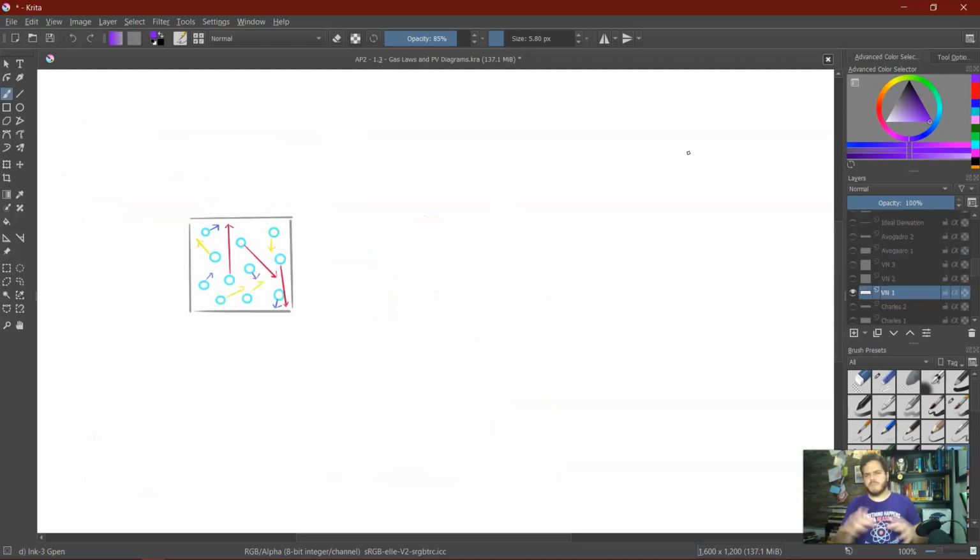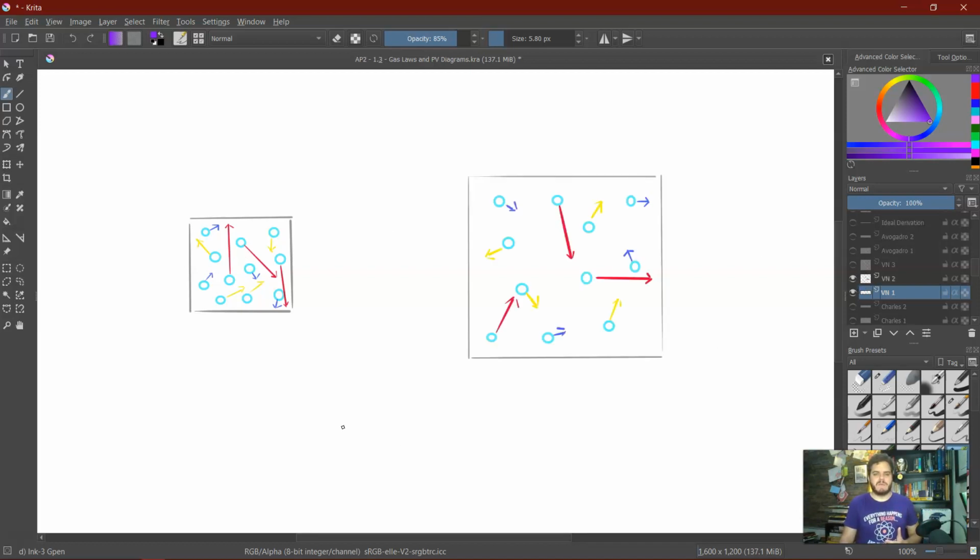Now this last relation we're going to look at is a little bit different. Imagine once again we have our box with our gas inside of it with the particles moving at some average kinetic energy, some fairly average temperature. And let's say we expand the volume of the box. So the volume has gone up. We want the temperature to be constant. And we also want the pressure to be constant.